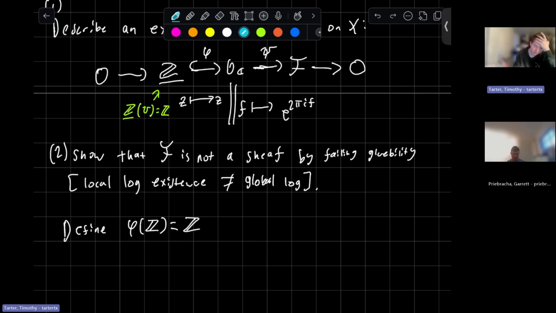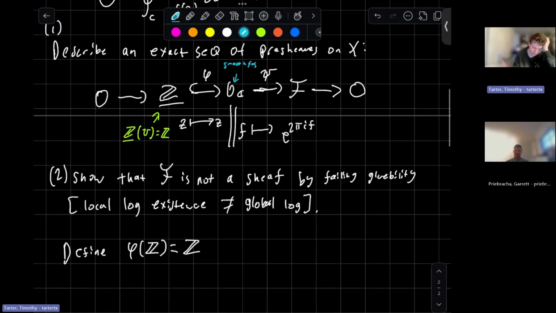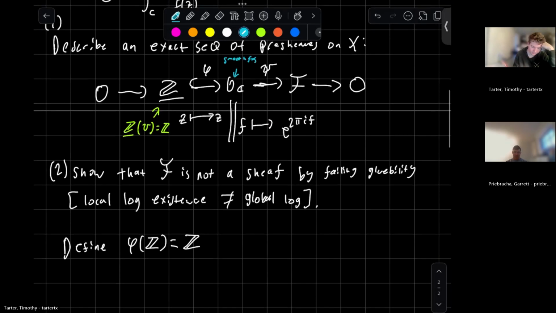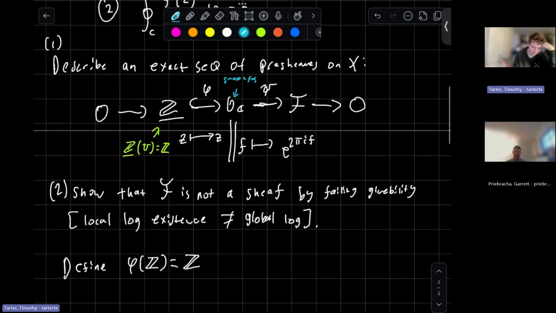Well, this is the sheaf of smooth functions. How do we send?